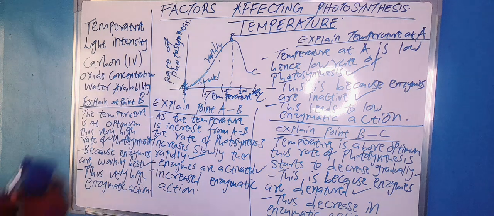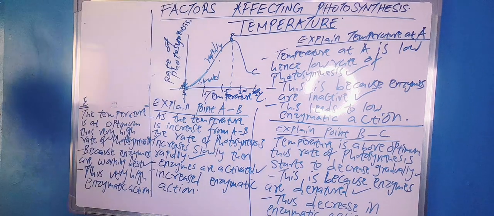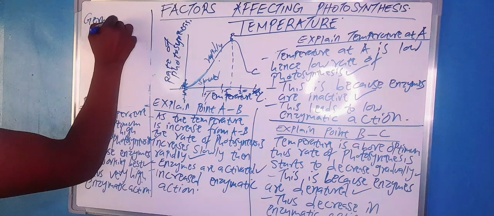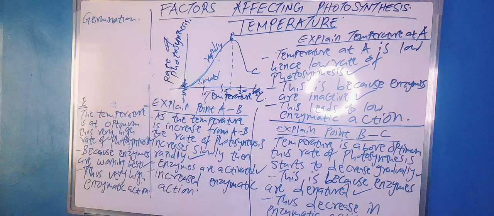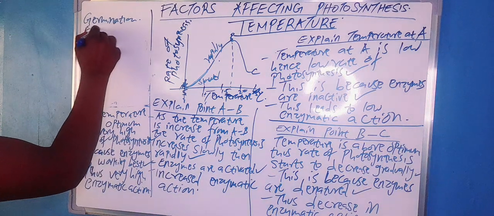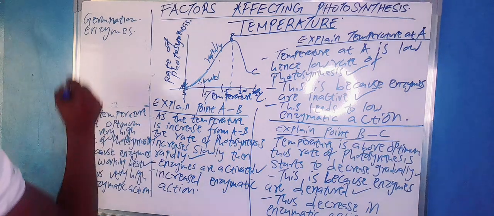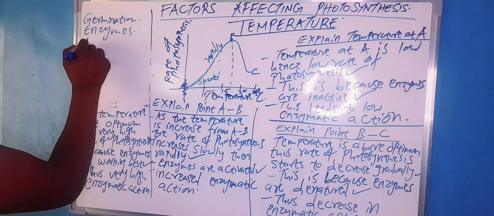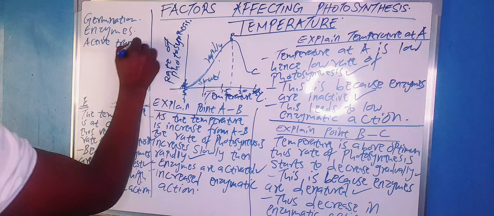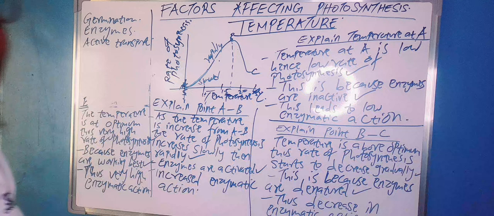Let me write here. It will be the same when it comes to germination. Temperature in germination, you'll explain based on enzymes. Temperature on enzymes, you will explain the same. Temperature as a factor over active transport, you will use the same language, even to respiration.